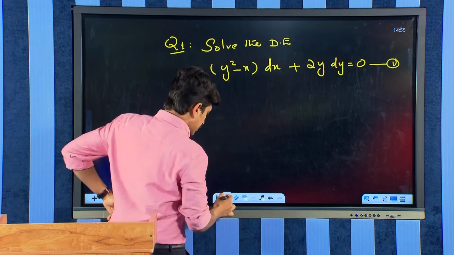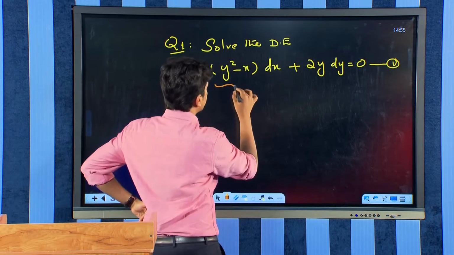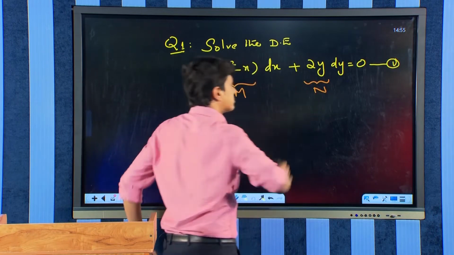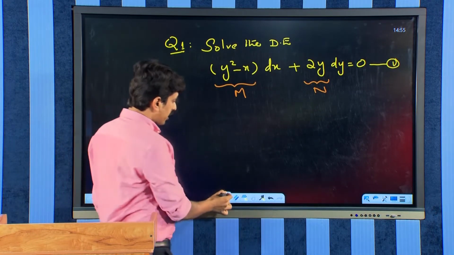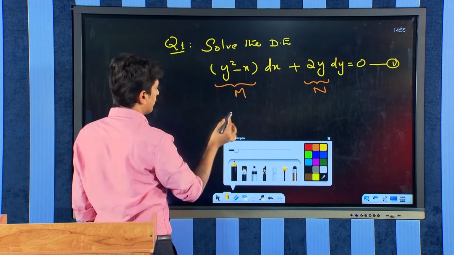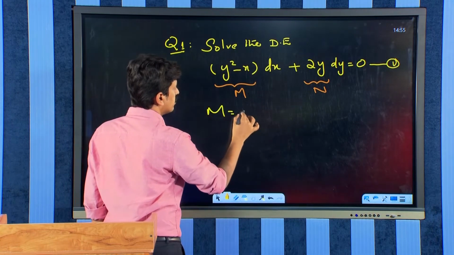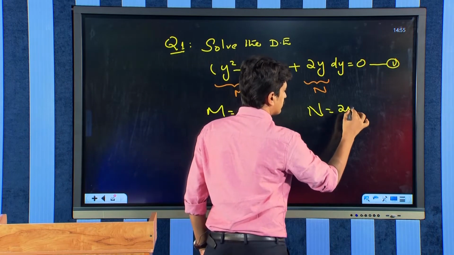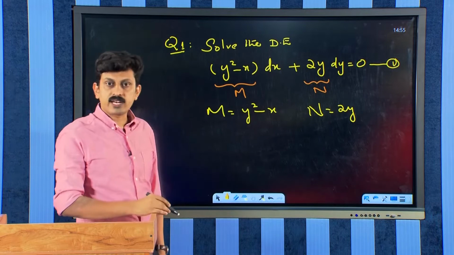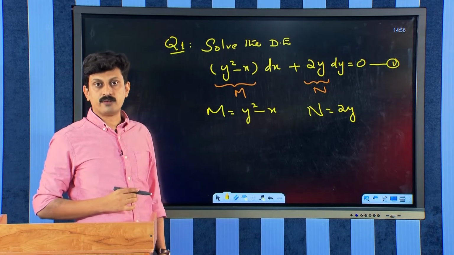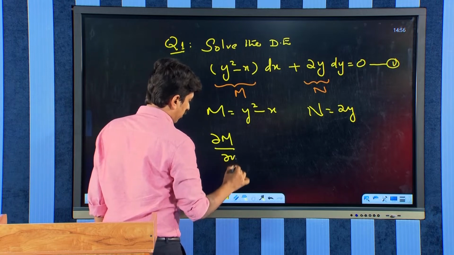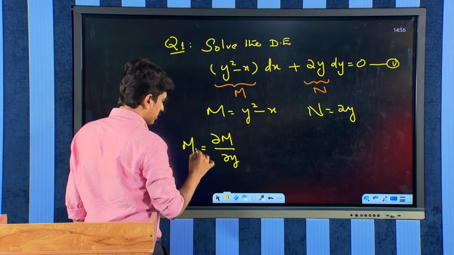See, my dear students, as we discussed before, we can say that this y square minus x is M and this 2y is N. We can evaluate ∂M/∂y, that is My.